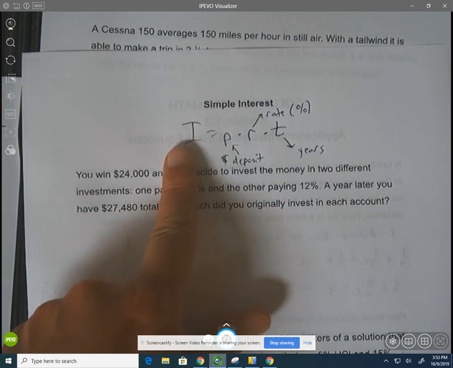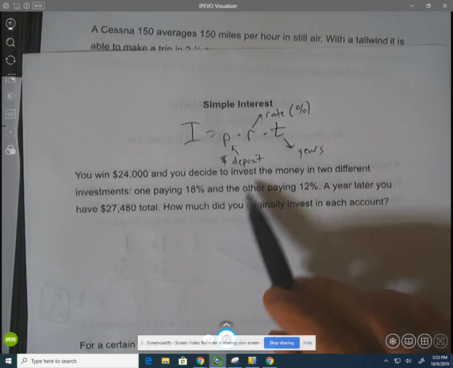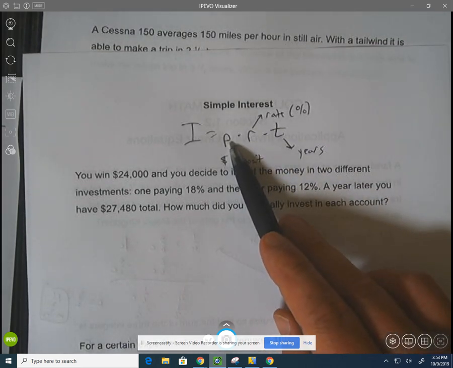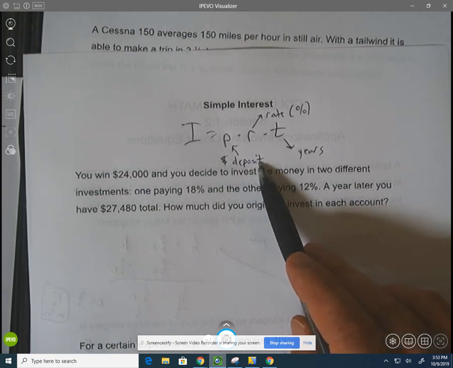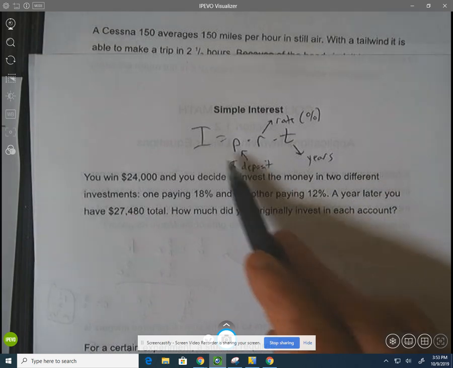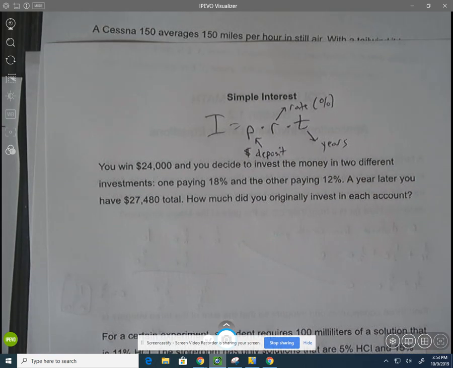So interest is if you put money in the bank, they periodically deposit more money into that account, or if you borrow money, this principal may be money borrowed, and then at the end you have to pay not only the money you borrow, but some interest on top of that. So this is the simple interest formula that can help us estimate that.